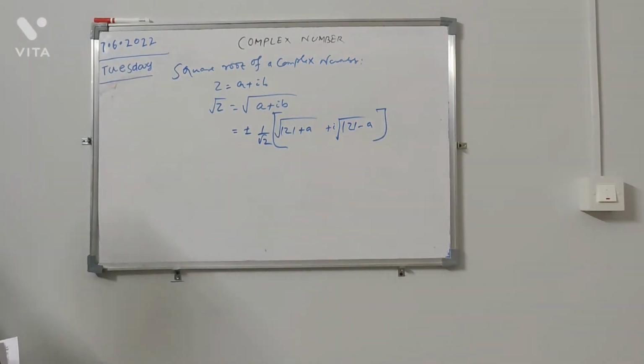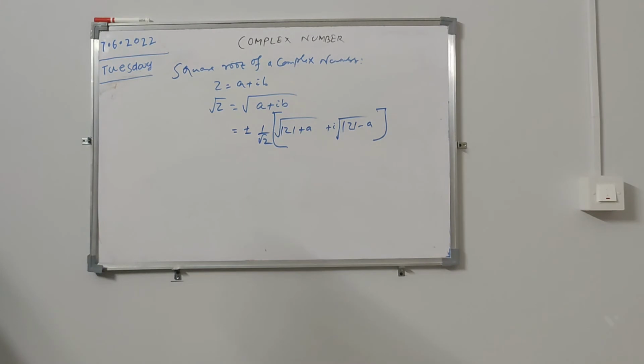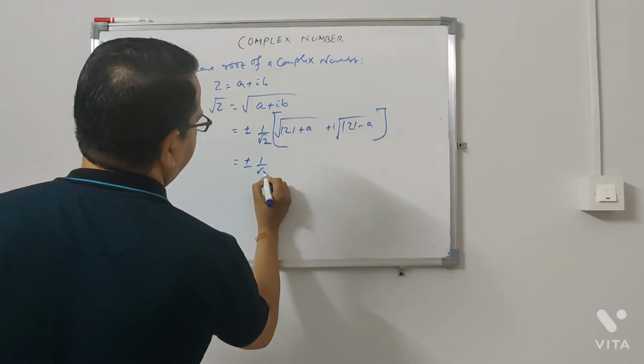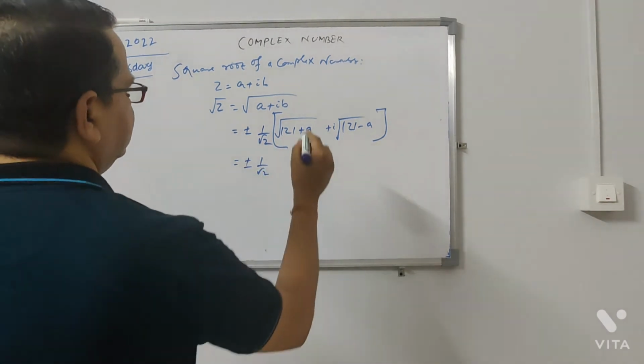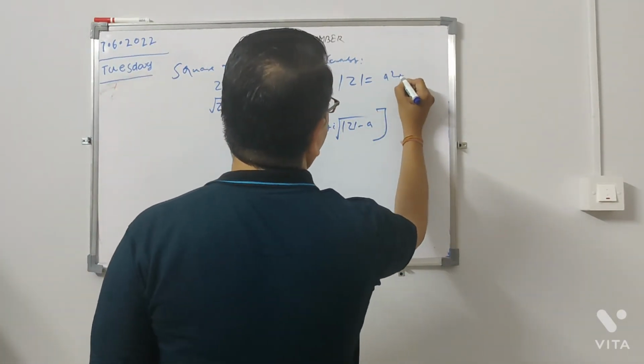So how do we compare it? Plus or minus 1 by root 2. Modulus of z, you know, is square root of a square plus b square.